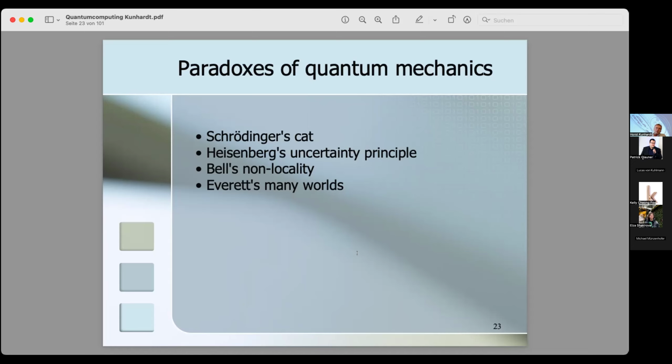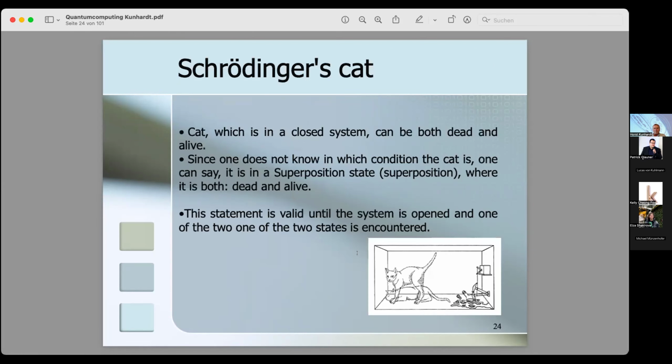So Erwin Schrödinger tried to explain the physical effect of superposition with his image of Schrödinger's cat. Heisenberg's uncertainty principle we already know, then Bell's non-locality principles, and Hugh Everett with his many worlds law.